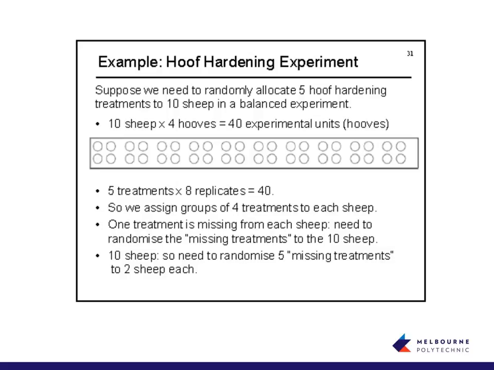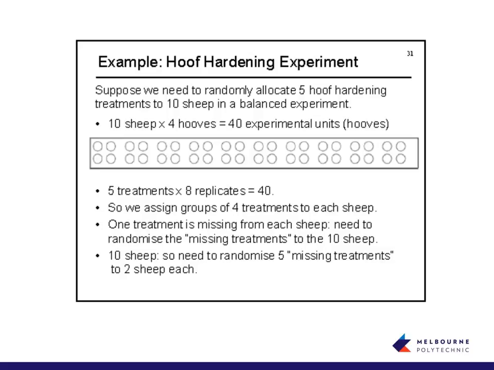So if we're doing groups of 4 treatments, and there's 5 treatments overall, then that means that each treatment is going to miss out on a sheep twice.